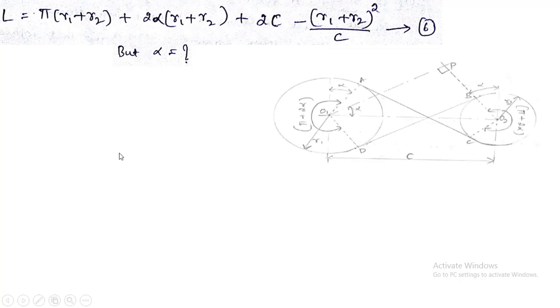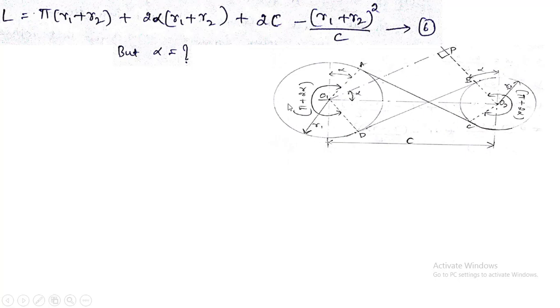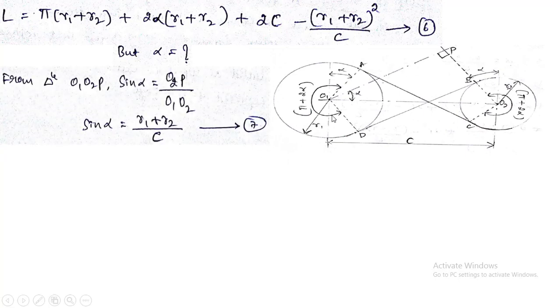Next, let us see what that alpha is here. Again, I will make use of that same cross belt drive diagram. So in the cross belt drive diagram, again I will take the right angle triangle O1 O2 P, and in this, this is alpha. I will take sine alpha. Sine alpha will be O2P, the opposite side, divided by O1 O2, the hypotenuse.